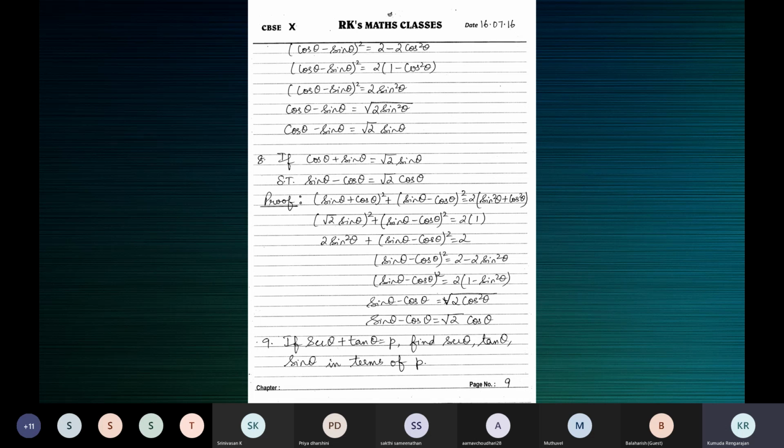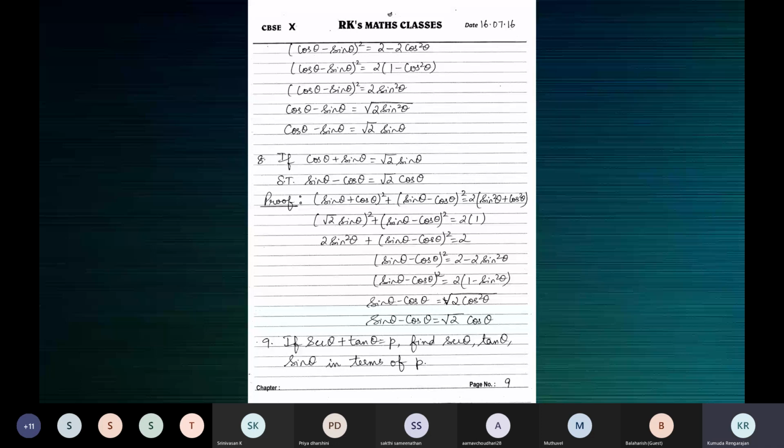If I go so fast, you will not follow. So secant theta plus tan theta is 1 over secant theta minus tan theta. Also, secant theta minus tan theta is equal to 1 over secant theta plus tan theta.